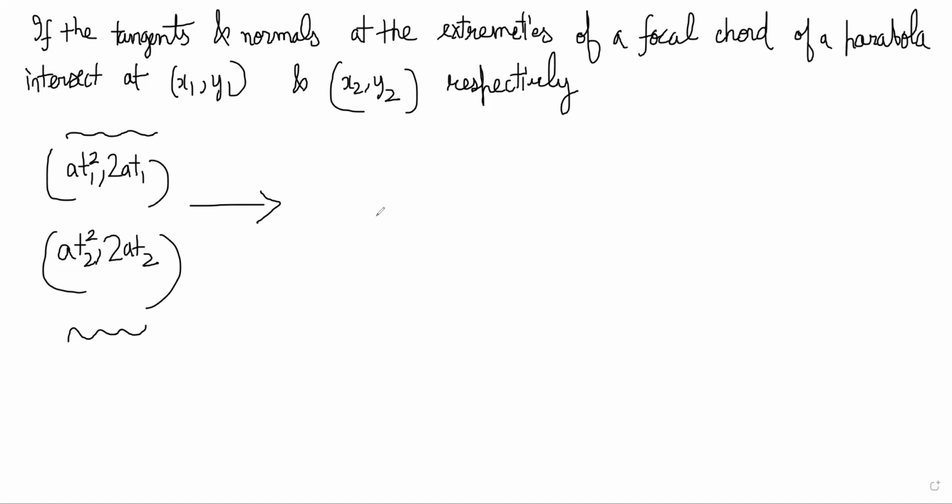No. (at1t2, a(t1 plus t2)), that type of form is there for the point of intersection of tangents. Yeah, a t1 t2 and a(t1 plus t2). The point of intersection of normals also has a form.